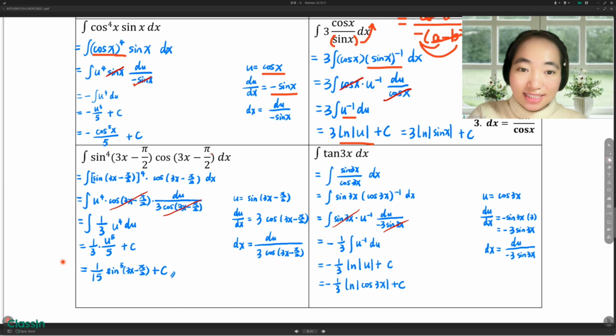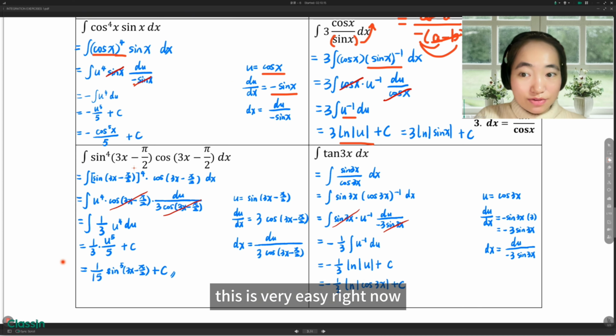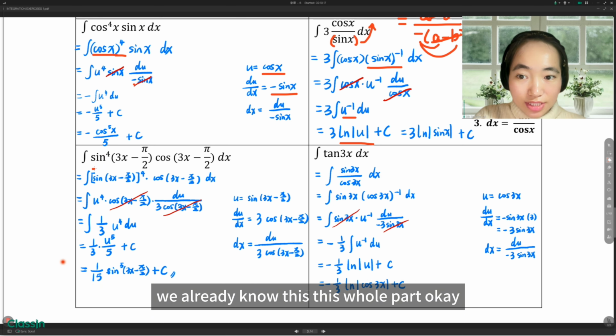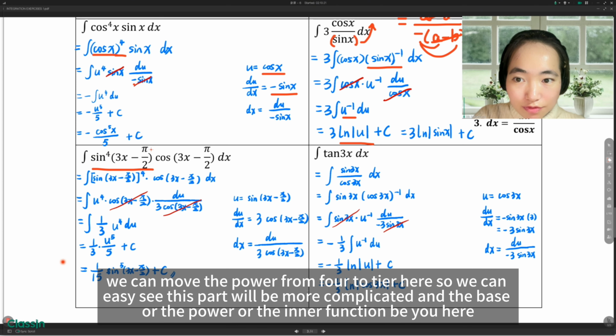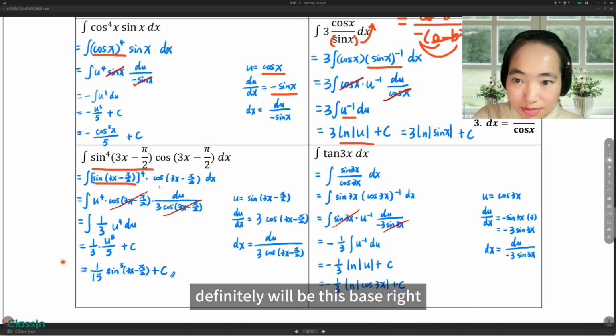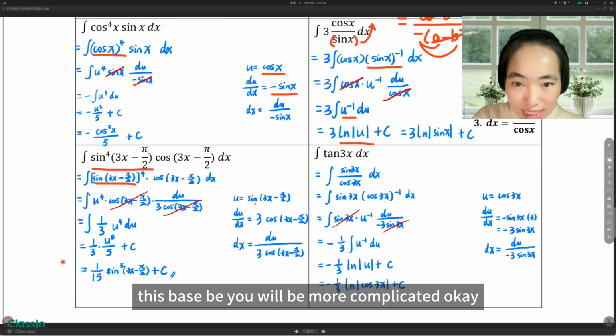Next. Here, next, okay, this is very easy, right? Now we already know this whole part. We can move the power from 4 to here. So you can easily see this part will be more complicated, and the base, the inner function u here, definitely will be this base. This base u will be more complicated.